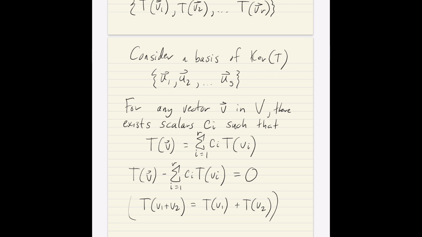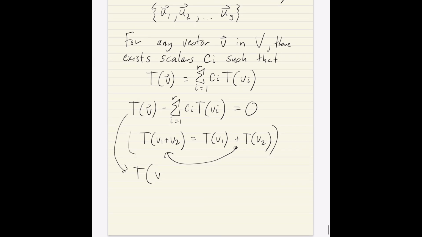It's almost like factoring out or taking the T outside. So instead of going from the left side to the right side, we're going from the right side to the left. We're going to replace this with T of v, and we could just be adding a negative here.